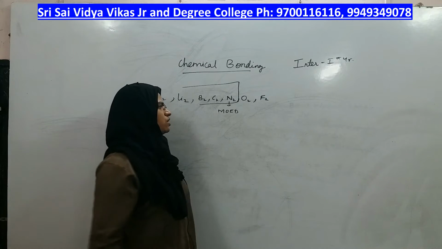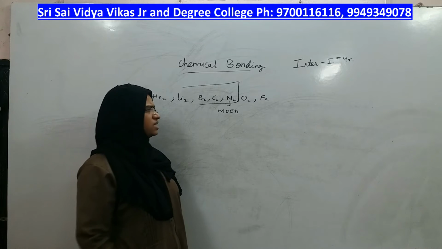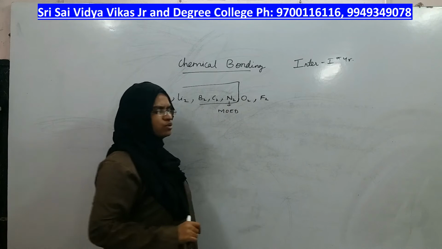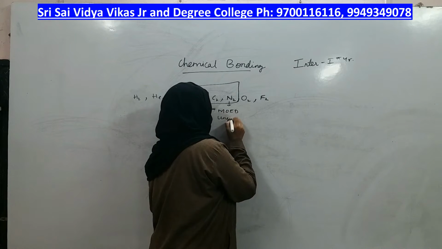In the molecular orbital energy diagram you have to remember that till the nitrogen molecule the diagram is unsymmetrical.